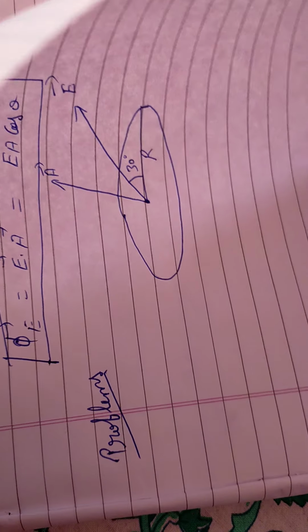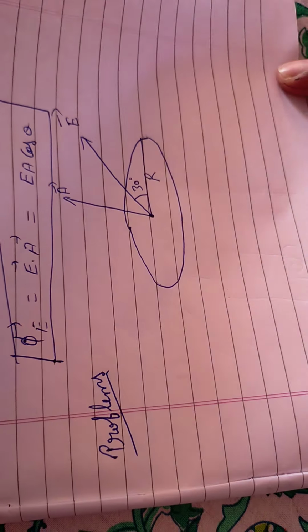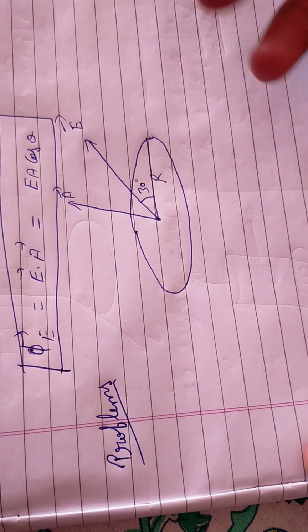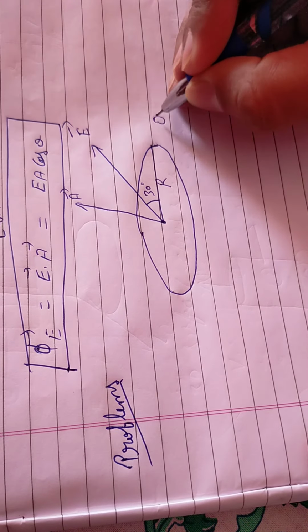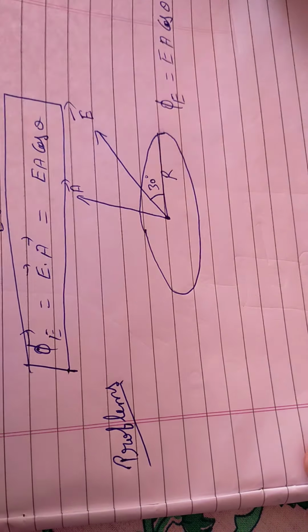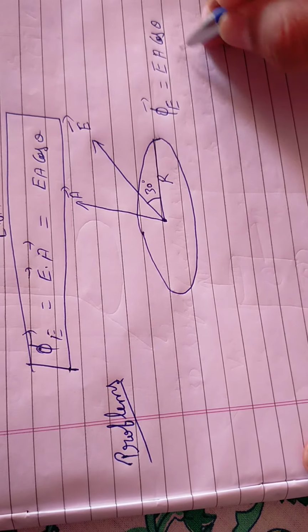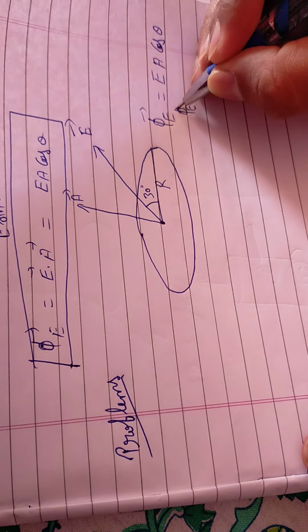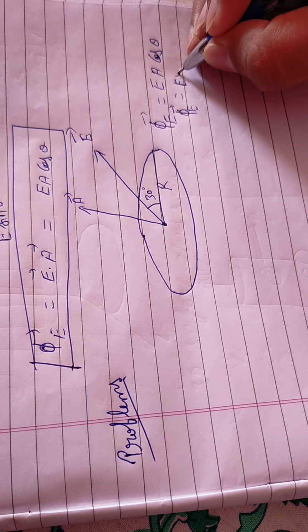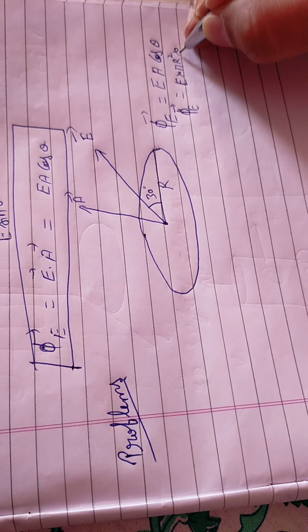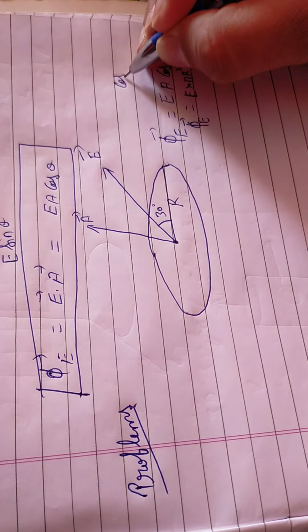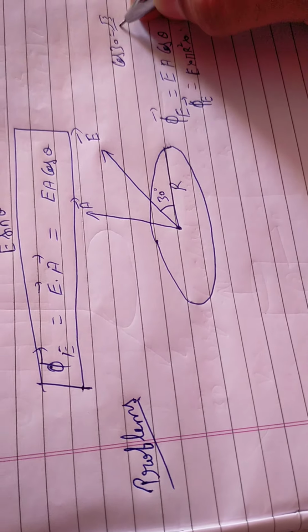They said calculate the electric flux for this circle. Now most of the students will apply the formula, electric flux equals E A cos theta, and theta is given as 30, so electric flux equals E times area pi r square, and cos 30 equals root 3 over 2.